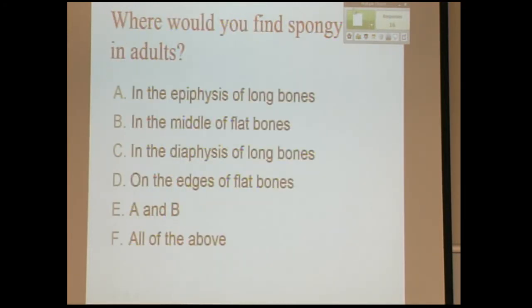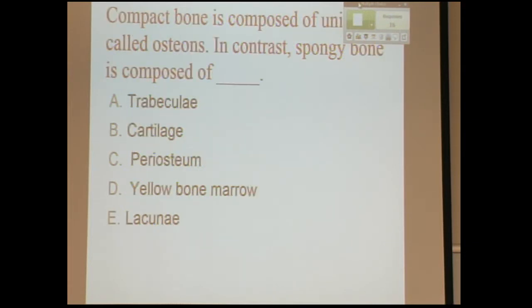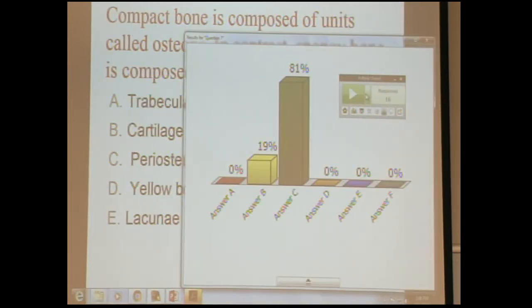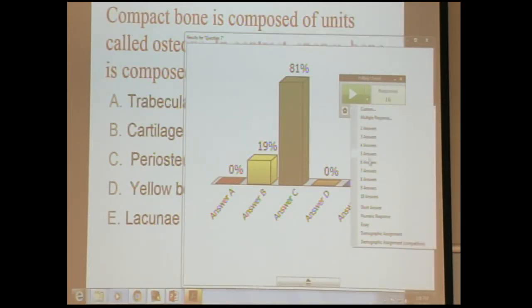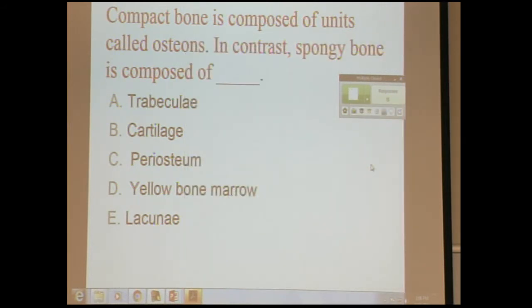All right. So compact bone is made of osteons. What is spongy bone mostly composed of?